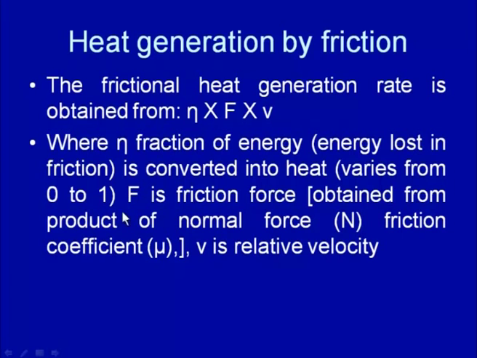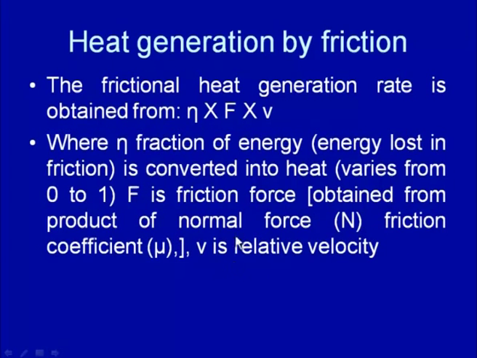Further, if we see this equation, if we increase the frictional force in order to increase the frictional heat generation, then it will help in the softening of the faying surfaces easily, and to increase the frictional force we can increase the normal force.